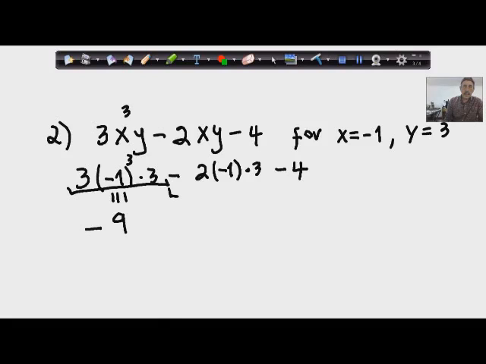Let's count how many negative signs there are in this term. So it's 1 and 2, which makes an even number, which is a plus. 2 times 3 is 6, times 1 is 6, minus 4.